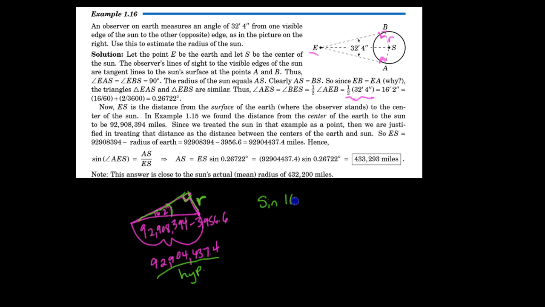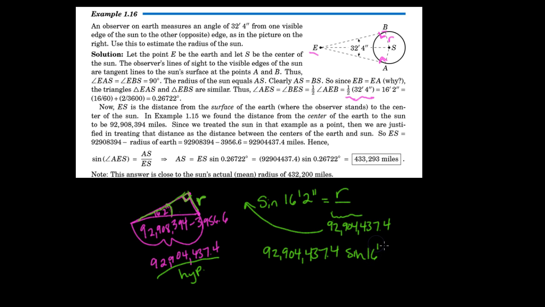Sine of 16 minutes 2 seconds is equal to r over that really big number, 92,904,437.4. So what they do is they bring this up over to the top here: 92,904,437.4 times sine of 16 minutes 2 seconds. We're going to calculate that because I want to show you that you can calculate that using your calculator.